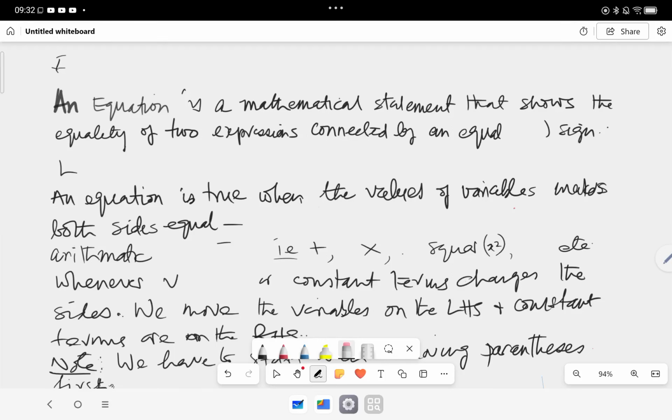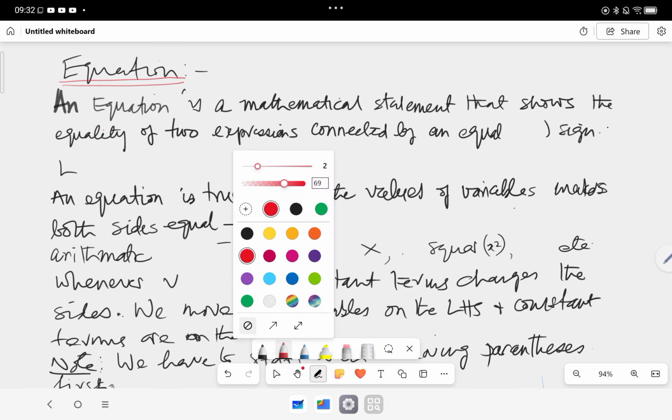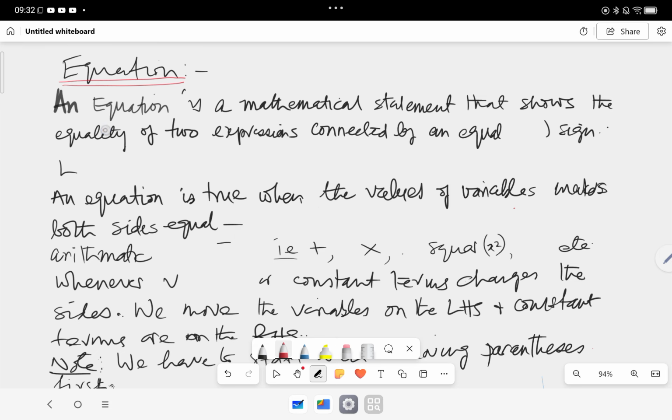Today's topic is about equations. An equation is a mathematical statement that shows the equality of two expressions connected by an equal sign.